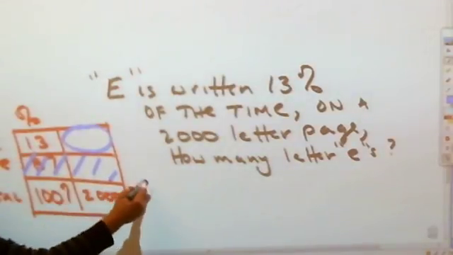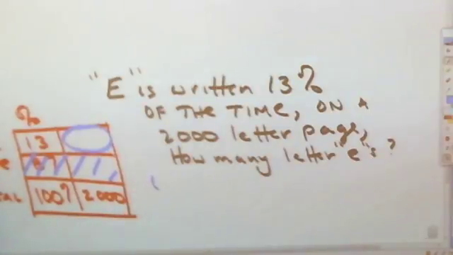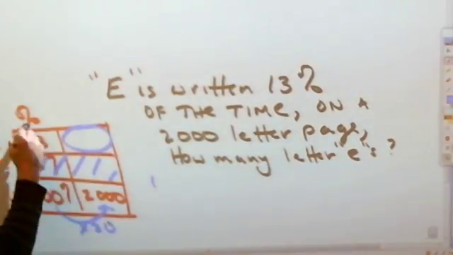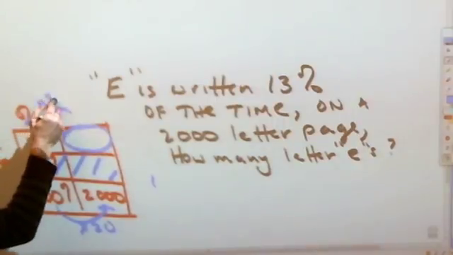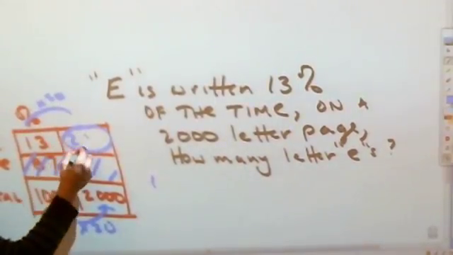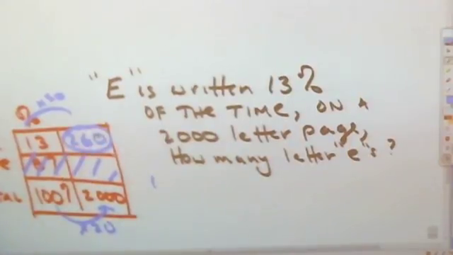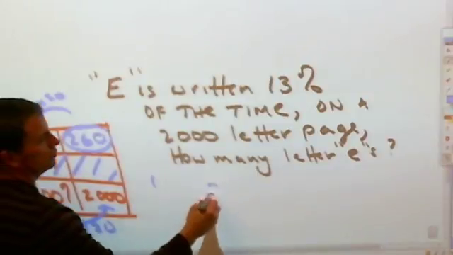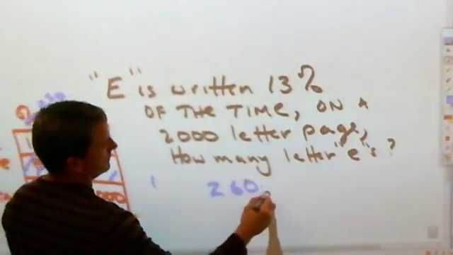You make equal ratios, fractions. 100 times what gives you 2,000? 100 times 20 gives you 2,000. So you could take 13 times 20 and get 260. 260 letter E's.